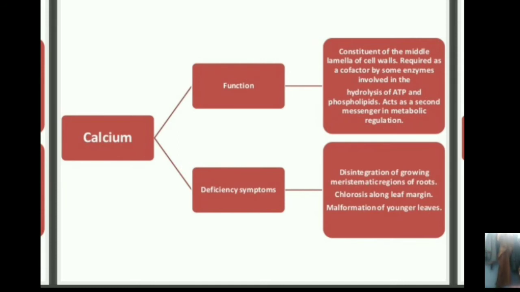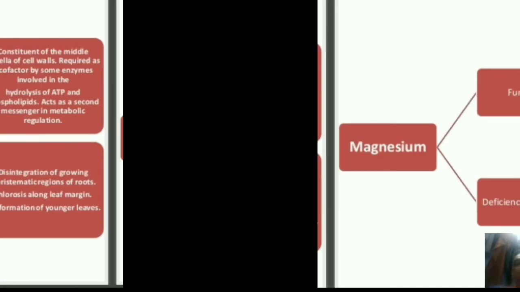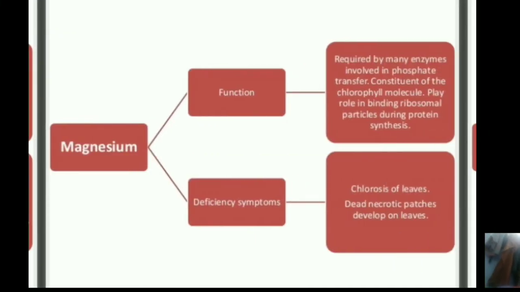Okay, so deficiency symptoms: disintegration of growing meristematic regions of roots, chlorosis along leaf margins, and malformations of younger leaves can be seen due to the deficiency of calcium. So magnesium, when we see, it is required by many enzymes involved in phosphate transfer.